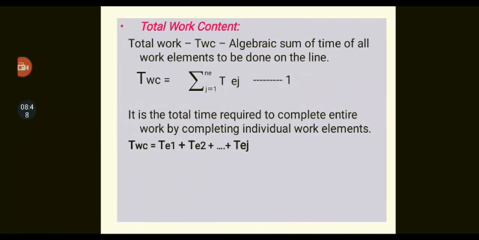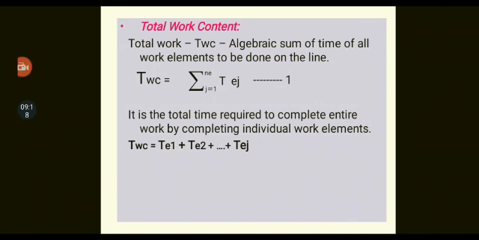It is the algebraic sum of time of all work elements to be done on the line, and it is given by TWC, which is equal to the summation of all elements, like TEJ, that is TE1, TE2, TE3 and it goes on.